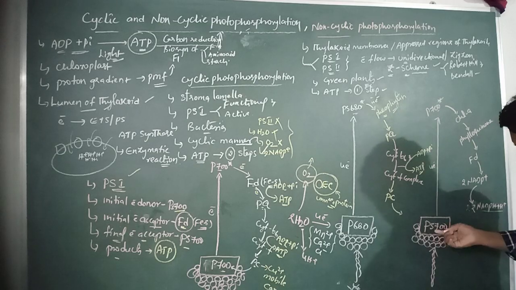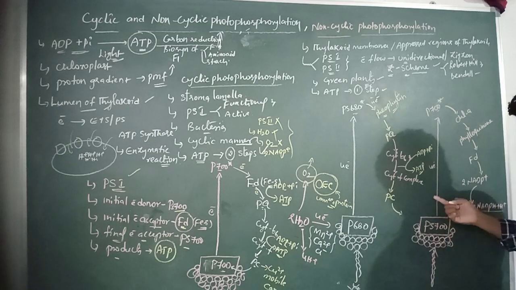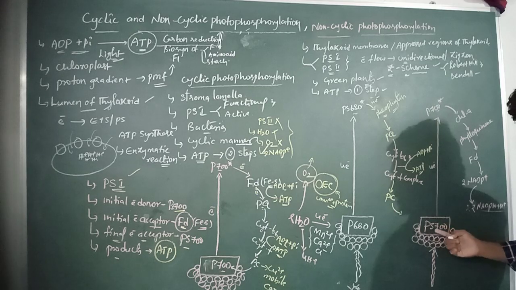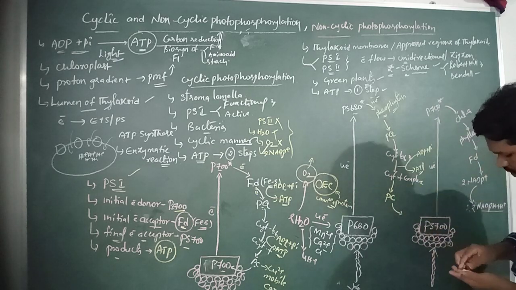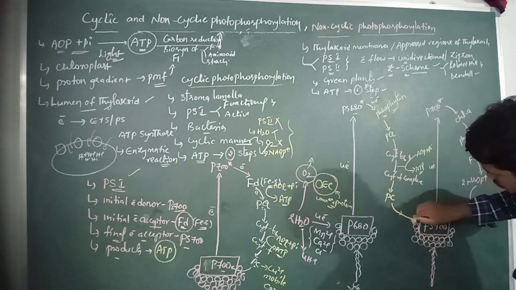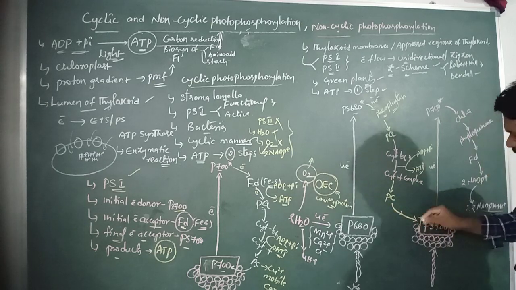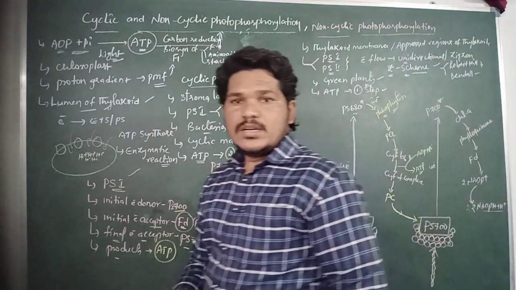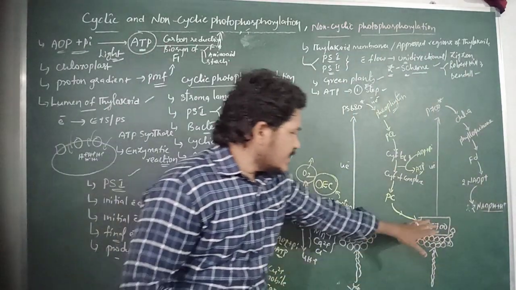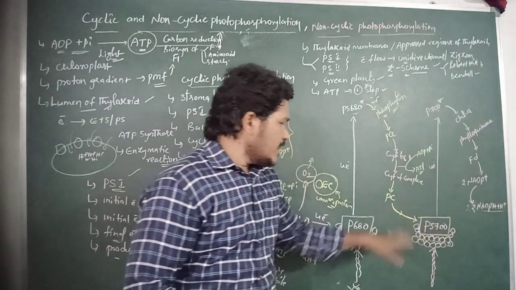The electrons which are lost from the reaction center of PS1, P700, are replaced by the electrons transferred from plastocyanin.